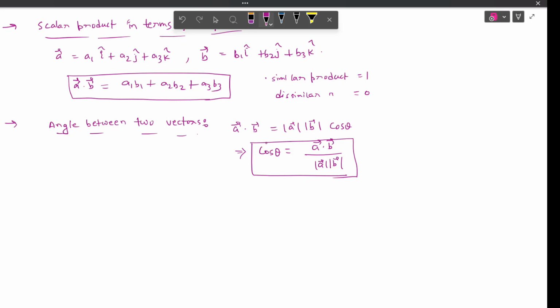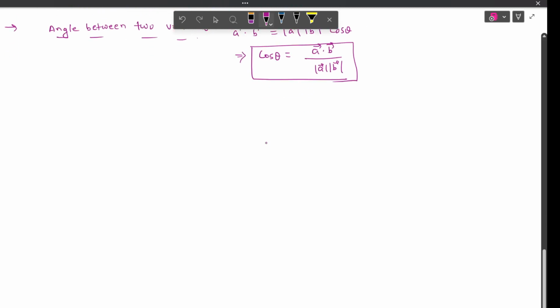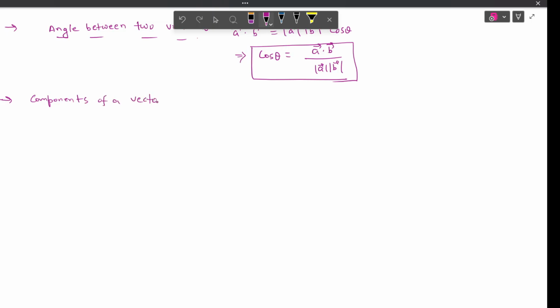Now let us see the next topic, which is components of a vector along and perpendicular to a vector.